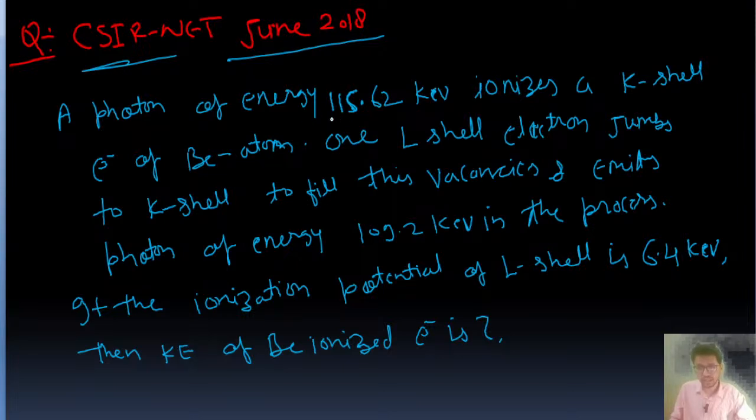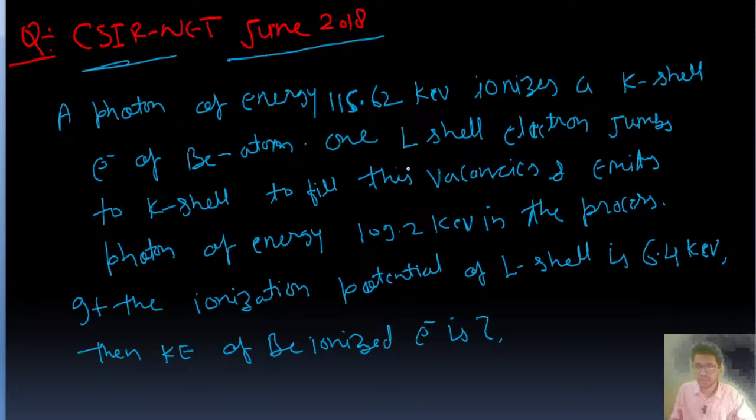So this energy photon is ionizing the K shell electron of the beryllium atom. One L shell electron jumps to the K shell to fill this vacancy. So that K shell electron is ionized and goes to the n equal to infinity level.